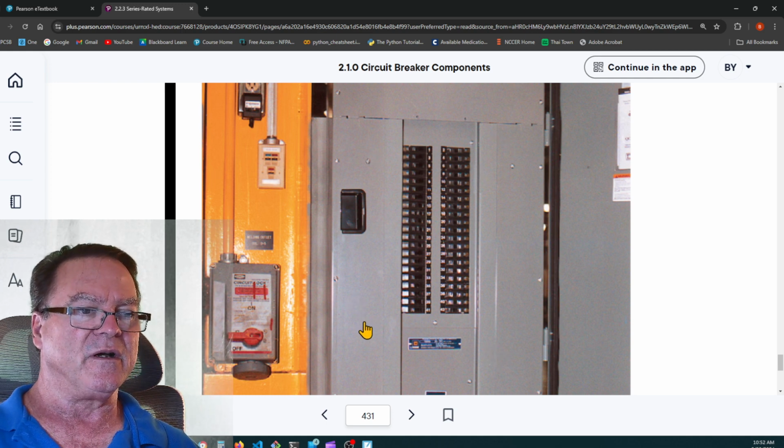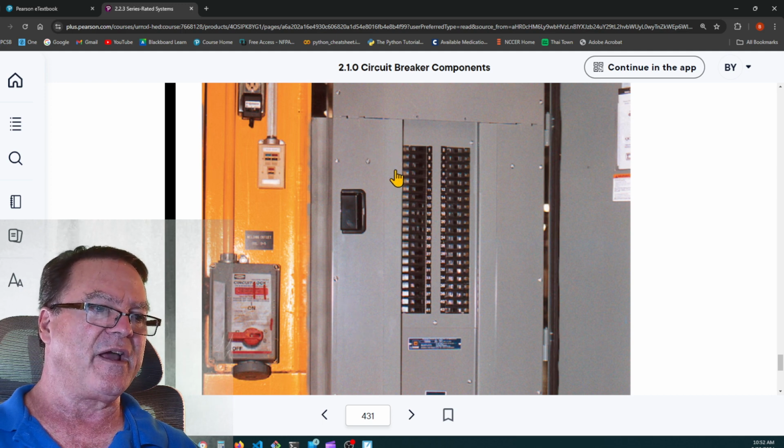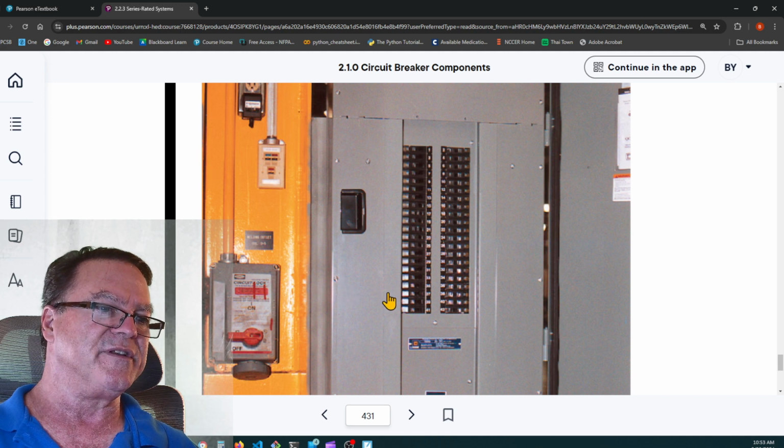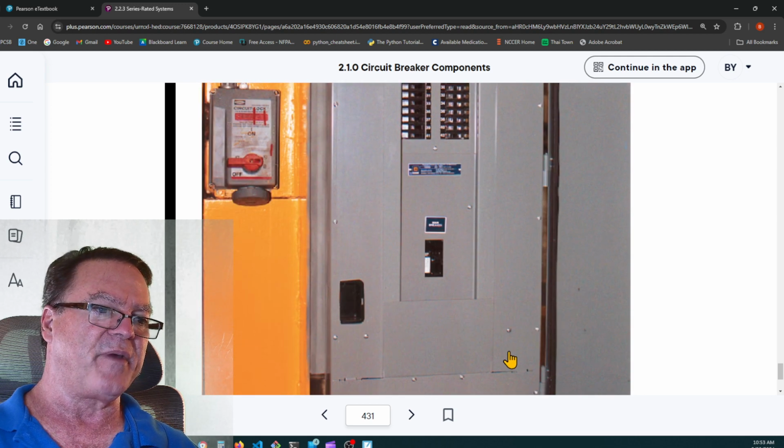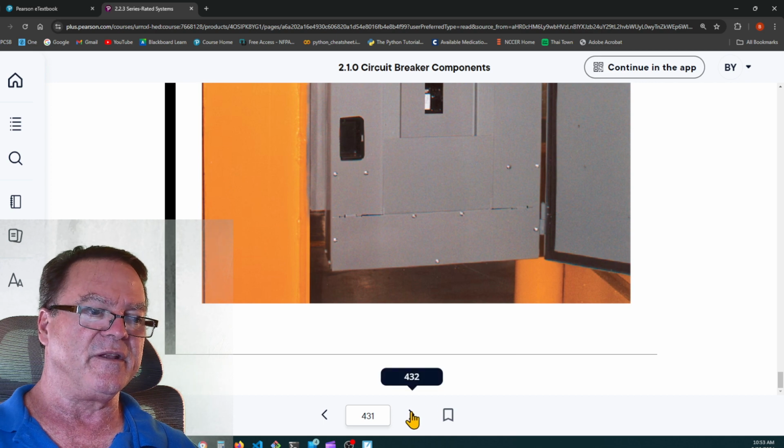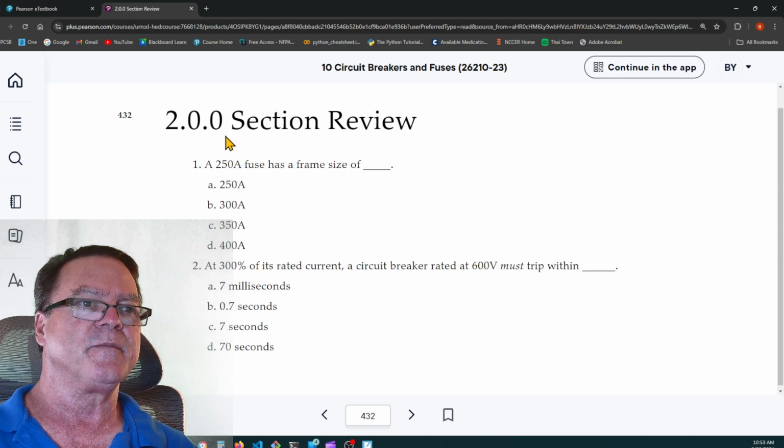You want to be able to dissipate the heat caused by all of these wires and all the current flowing in those wires. So this one has an extremely large trough, so it could probably dissipate more heat. You have more room than a regular home panel. They're more narrow, and there's not enough room for wires to dissipate their heat, so they used to limit it to 42 circuits.